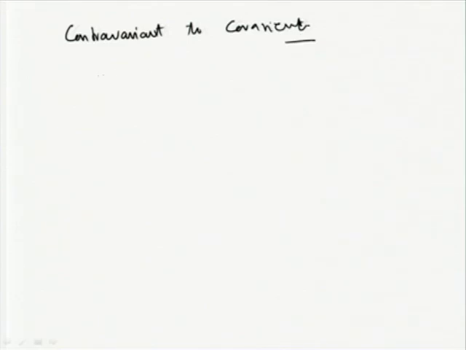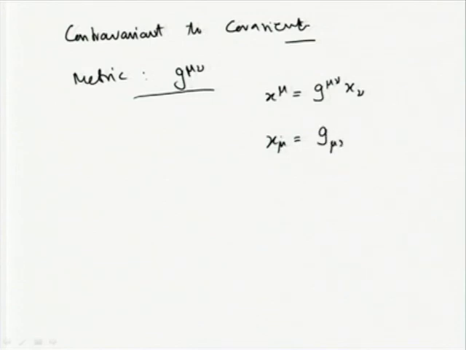For that, we consider what is called a metric g mu nu with two indices. x mu can be written then as g mu nu x nu covariant, and the other way around, x mu covariant can be written as g mu nu lower indices x nu contravariant.